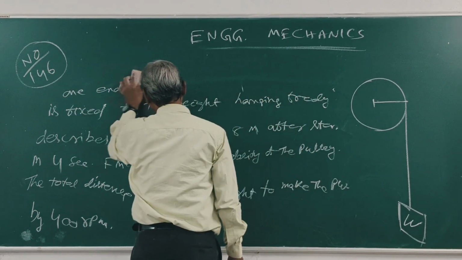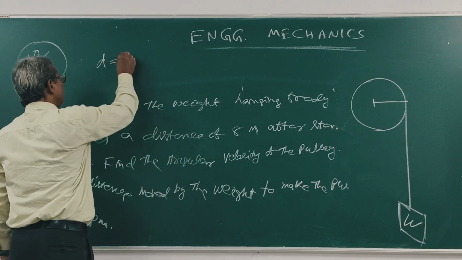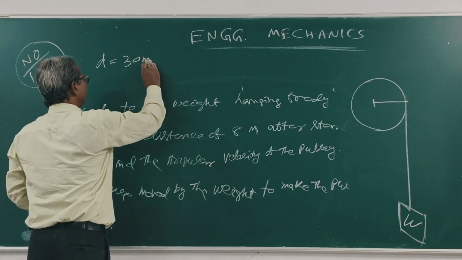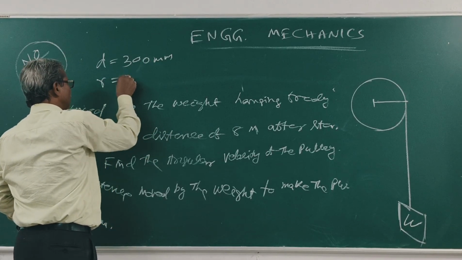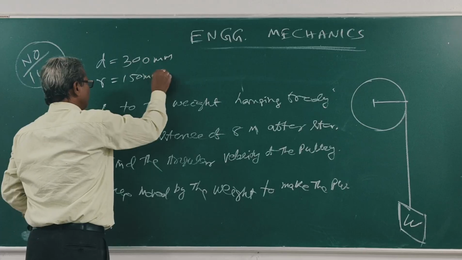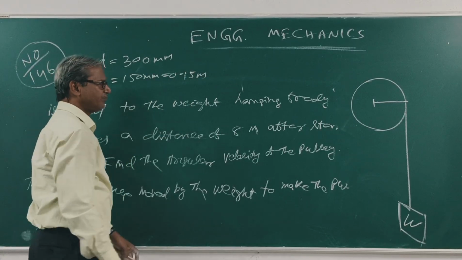The pulley diameter is 300 mm. So D is equal to 300 mm. But radius R is equal to 150 mm, which means 0.15 meter. Clear?